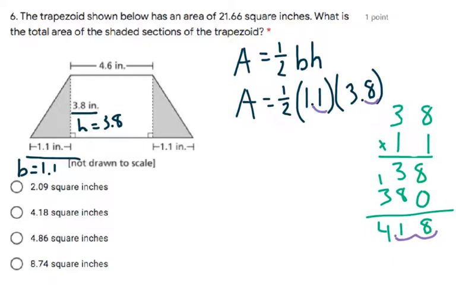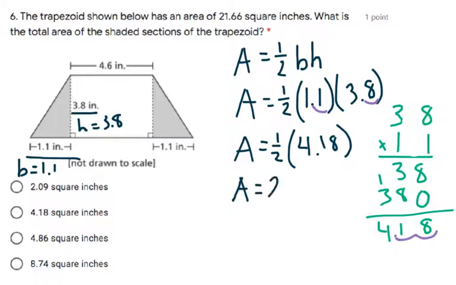Okay, so let's rewrite this. Area equals 1/2 of 1.1 times 3.8, which is 4 18/100. And now I can just divide 4 18/100 by 2. That's the same thing as multiplying by 1/2. So the area of one of those shapes is 2 9/100, and my unit would be square inches.